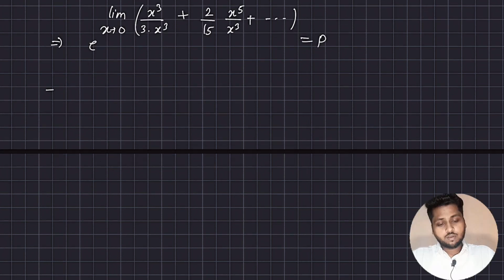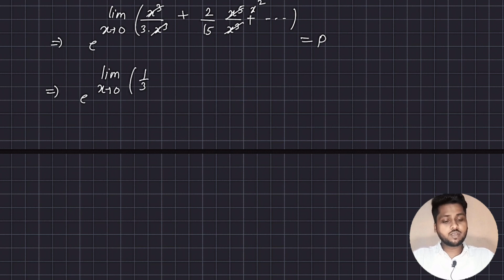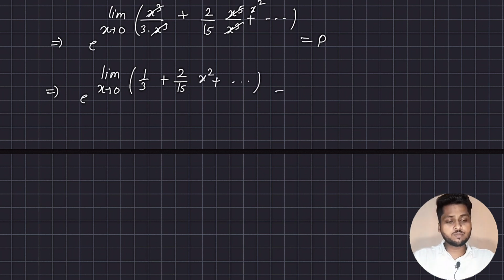Here this x cube will cancel, and here I can also cancel to get x square. So it becomes limit x tending to 0 of e power, the whole thing in power, 1 by 3 plus 2 by 15 into x square plus up to dot dot dot. There are so many terms.